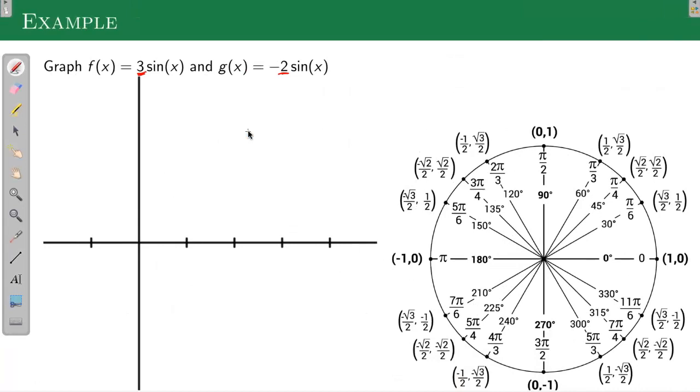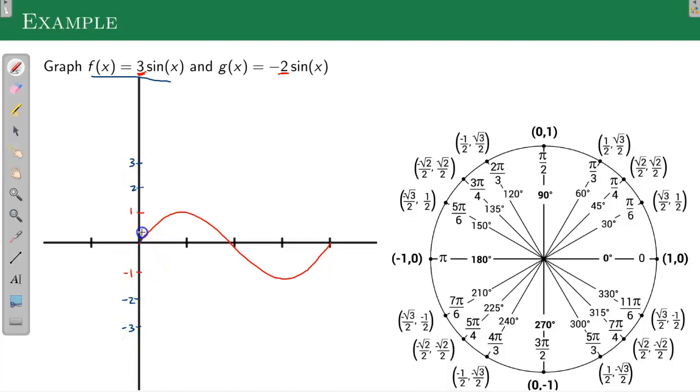All right, so now let's quickly graph this. If we start off with sine of x, the biggest value is 1. The smallest value is -1. And sine is the one that starts at 0 and goes up. So if I go to 3 sine of x, now instead of going up 1, I'm going to go up 3. Instead of going down 1, I'm going to go down 3.